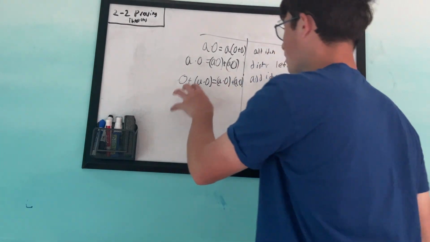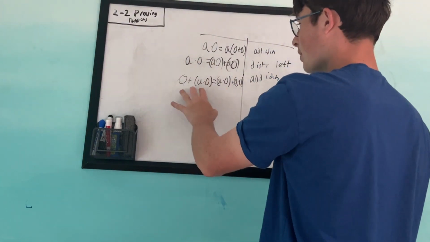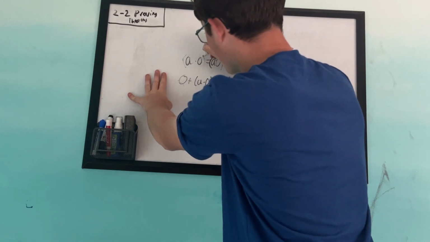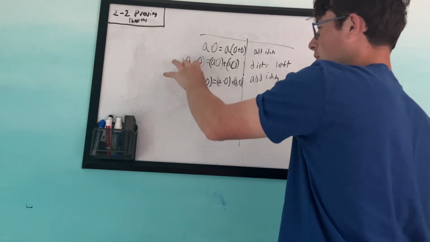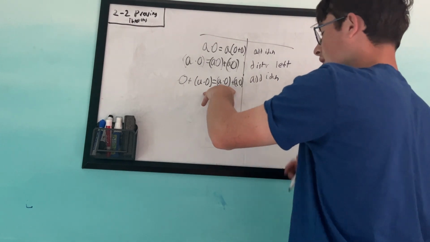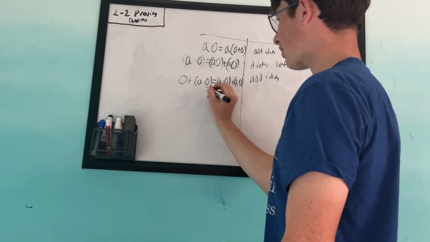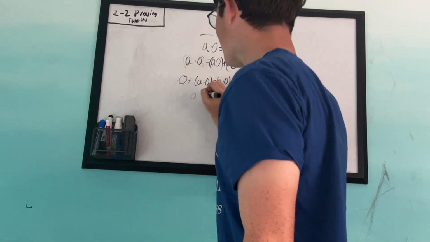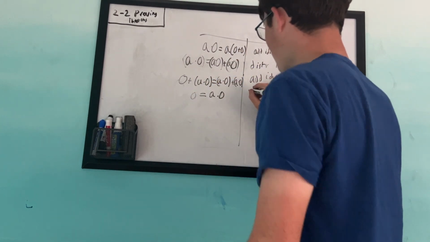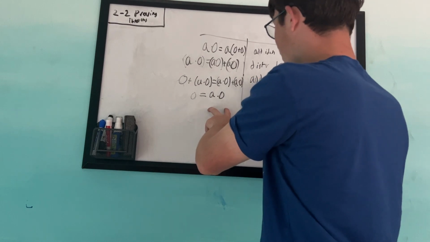And now, you see, since we have two things over here instead of just this one thing that we can group or not, it doesn't really matter since they're both one single statement. Now we have a times 0 plus a times 0 on both sides. Now we can subtract things from both sides. So we'll subtract a times 0 from both sides, and get 0 equals a times 0. And so we use the cancellation law of addition.